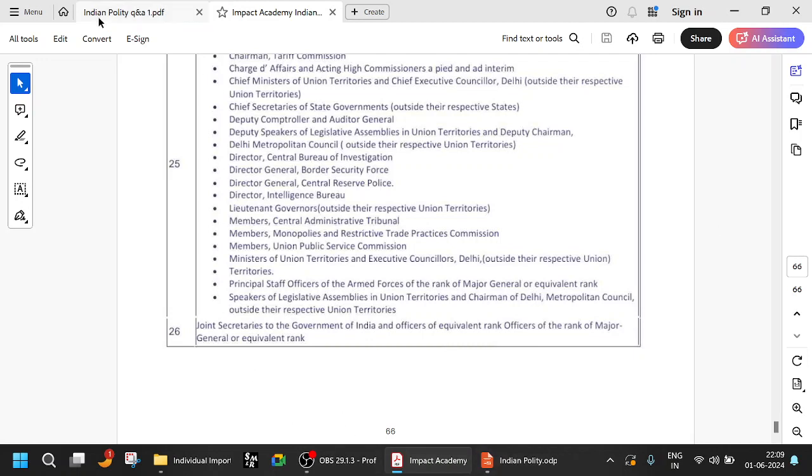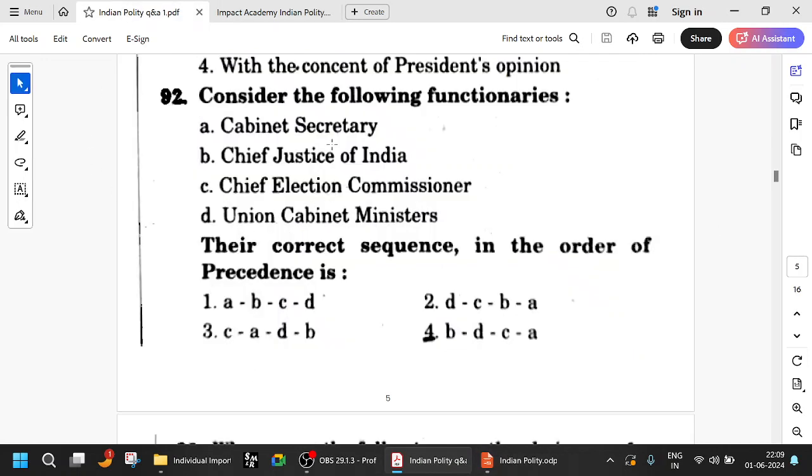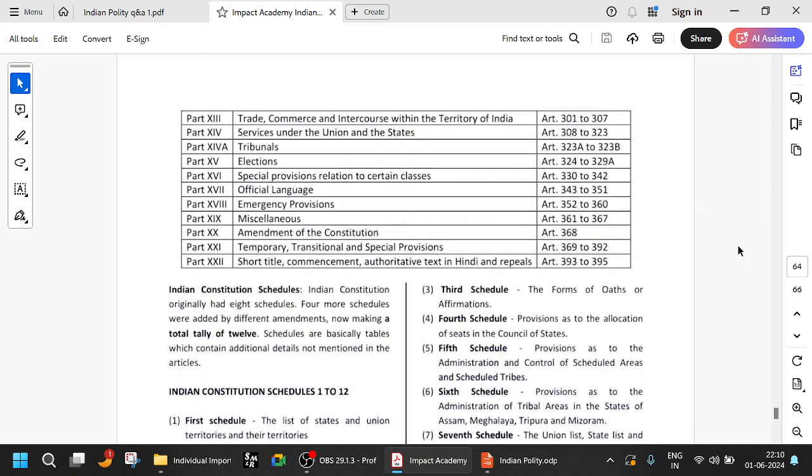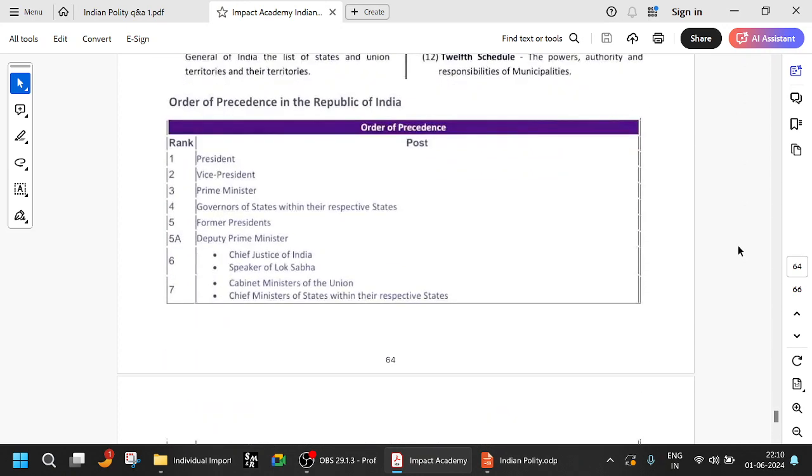So in the order of precedence, you can say Chief Justice of India and Speaker, followed by Chief Election Commissioner, then followed by Union Cabinet Ministers. Is it? No, first Chief Justice of India and then Union Cabinet Ministers. The Cabinet Ministers are above. See, Cabinet Ministers are top.